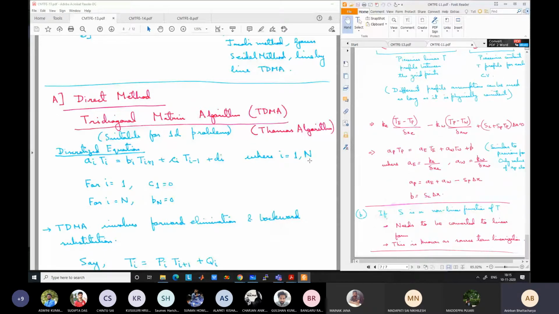Anyway, this is the set of equations, and say you have a 1D grid, means a 1D domain like a line, and you have divided it into n number of control volumes. Okay, and n number of grid points are there.